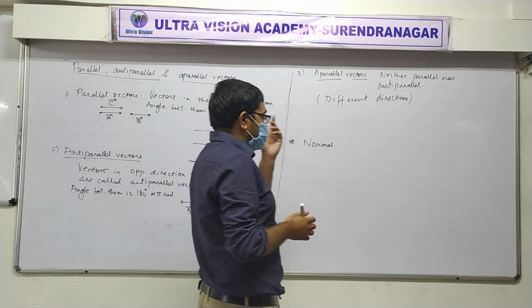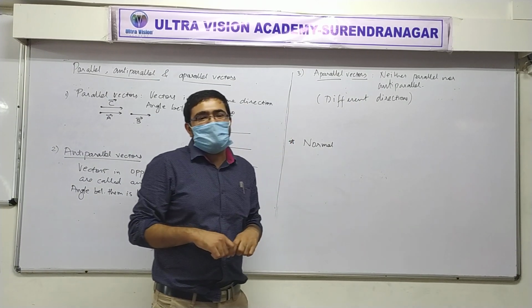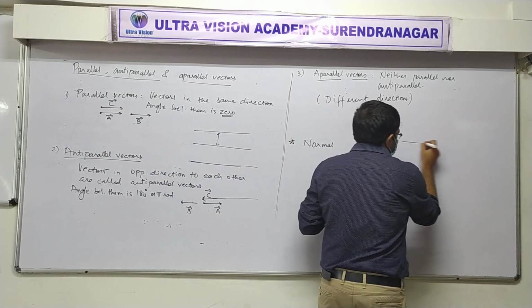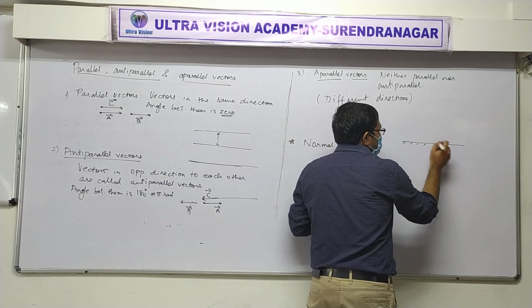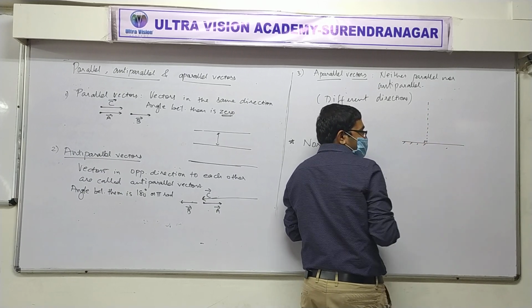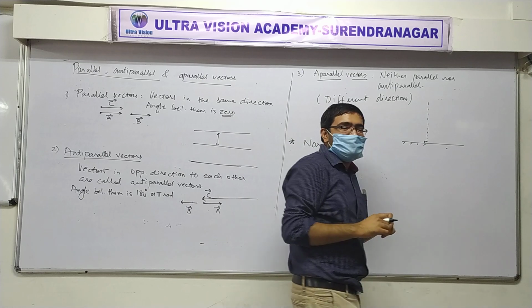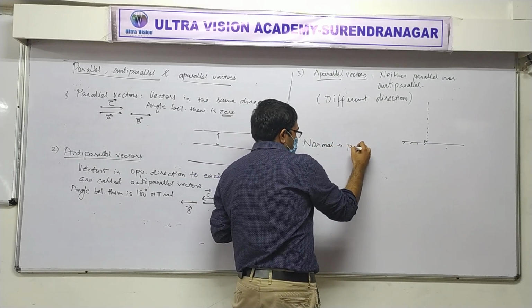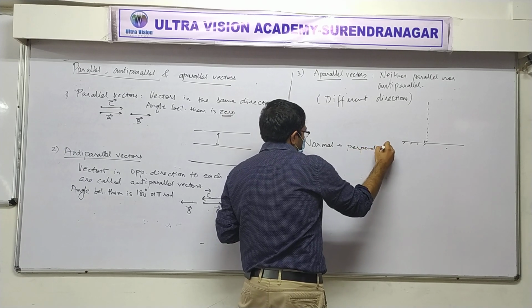Okay, so what does normal mean? We used to draw it like this, this is a surface, a mirror suppose. And we drew the normal like this, right? What is the angle here? 90 degrees. So what is the meaning of normal? 90 degrees. Perpendicular. Normal means perpendicular.